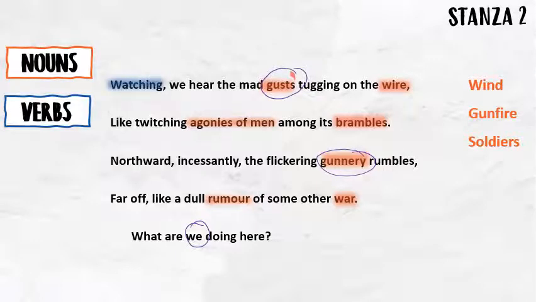Verbs. So we have a sense now of the soldiers, again, no action. So they are watching, they are quite passive through that verb. And it's also in the present tense, and I always like to take note of that. And so again, watching, we hear, and again, it's the same thing.